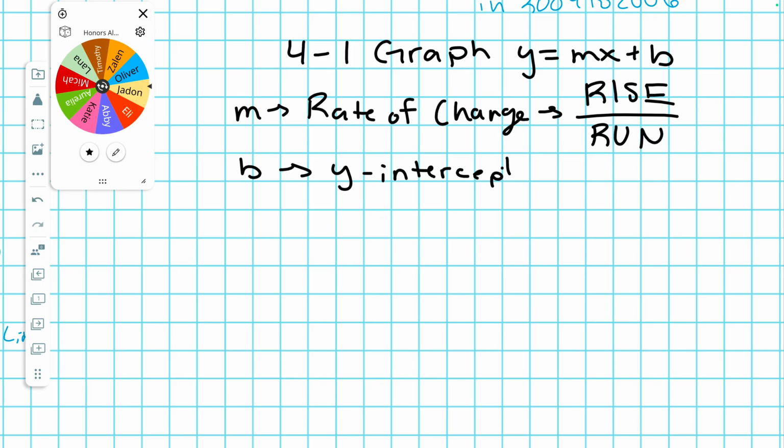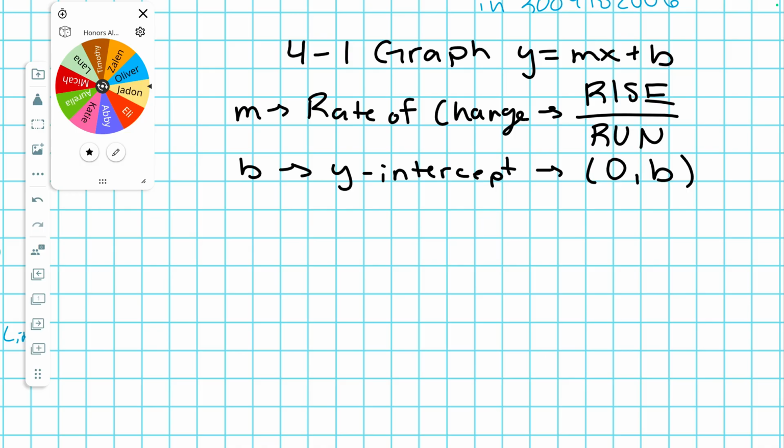Now, if it is the y-intercept, what is its value for x? 0. Yes. So the y-intercept is always going to be 0, comma, whatever that number is. Okay. All right. So we're going to do 2 examples today, and it'll be a little interactive as we work through these.